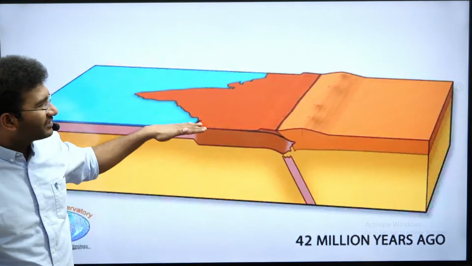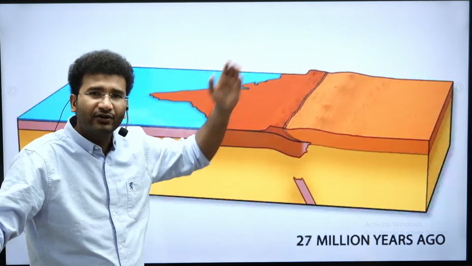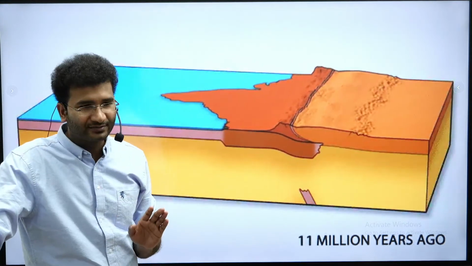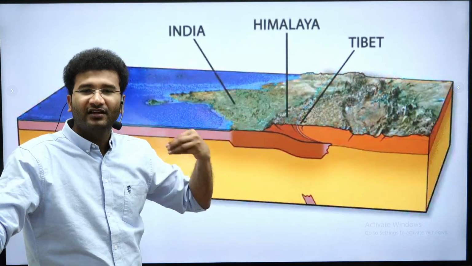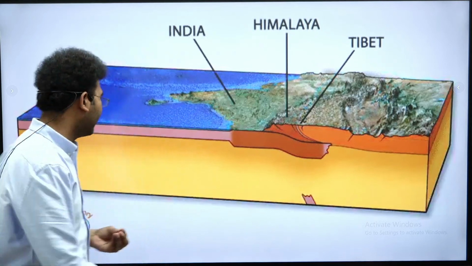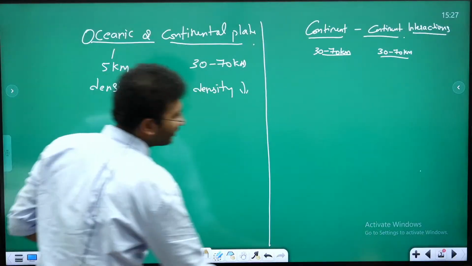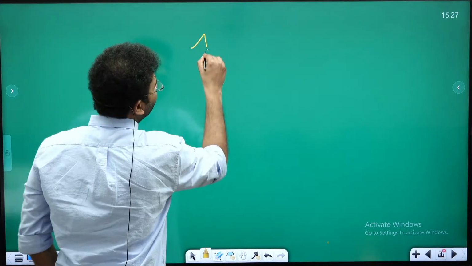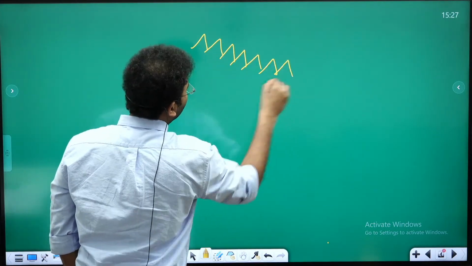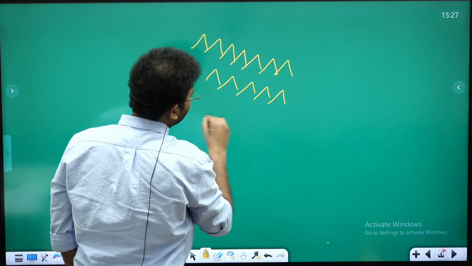When there is interaction, this has led to the formation of mountains, and you get to see various ranges of mountains. In the Himalayas, you will find the ranges like this. From north to south, you will find Karakoram mountains, Ladakh, Zanskar.